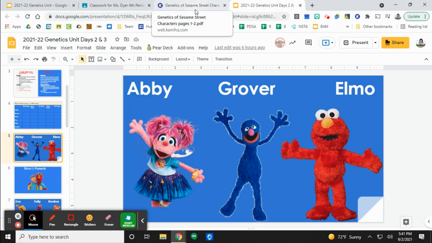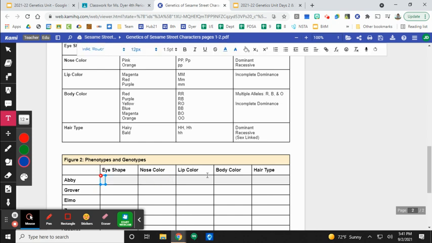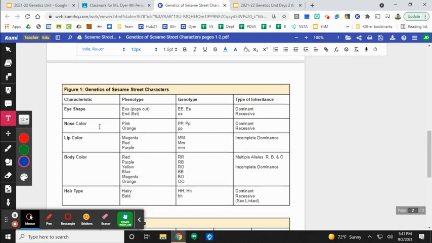So the first thing that we'll want to look at is what kind of eyes does Abby have? And Abby has what we call flat eyes. So I'm going to go back over to the sheet and I'm going to type in here that she has flat eyes. And that information comes from right up here for the eye shape.